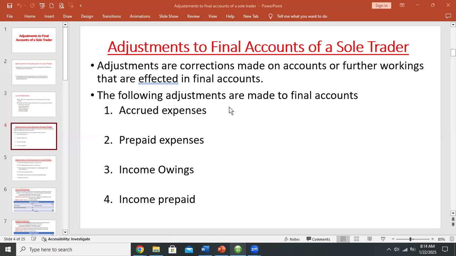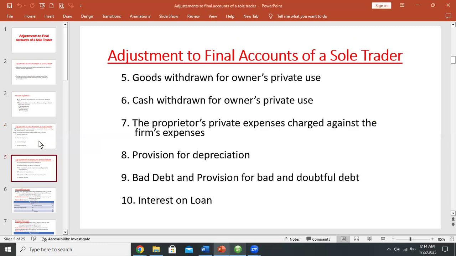1. Accrued expenses. 2. Prepaid expenses. 3. Income owings. And 4. Income prepaid. Okay. Continue from 5. 5. Goods withdrawn for owner's private use. 6.